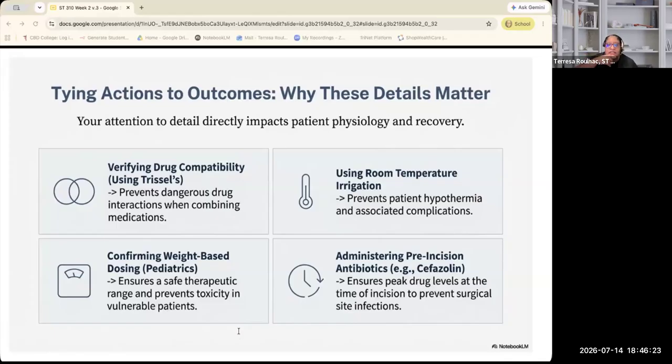How does understanding the why behind these safety steps change the way you think about them? From using room temperature irrigation to verifying drug compatibility, even confirming weight-based dosing for our PEDS patients.